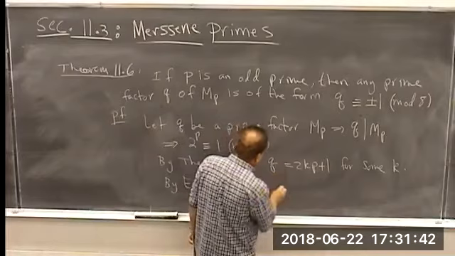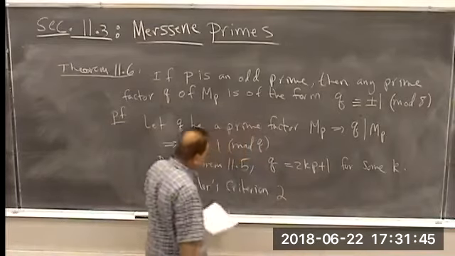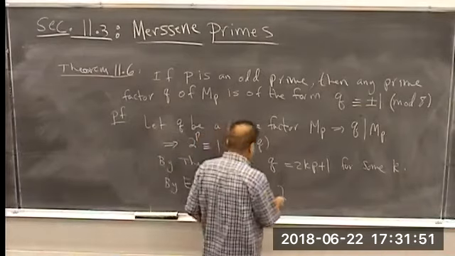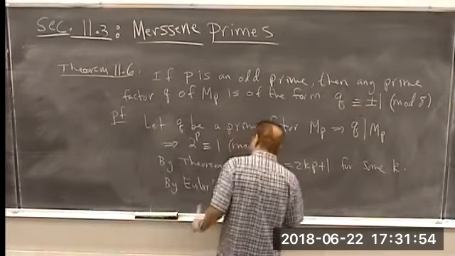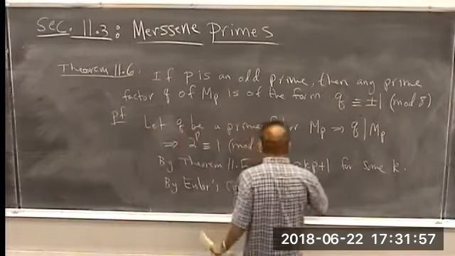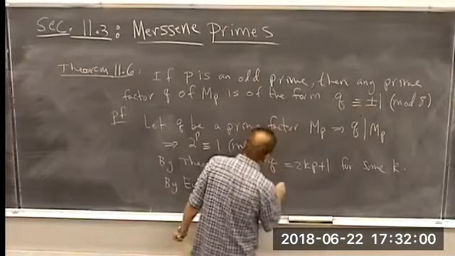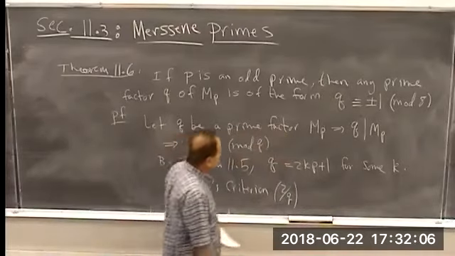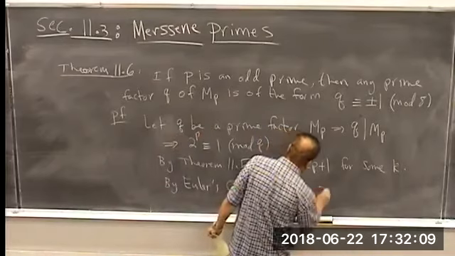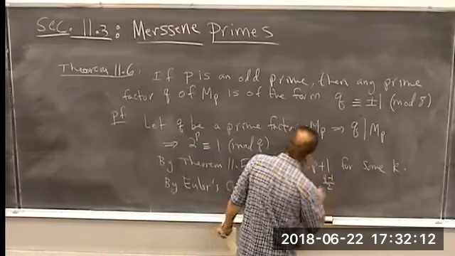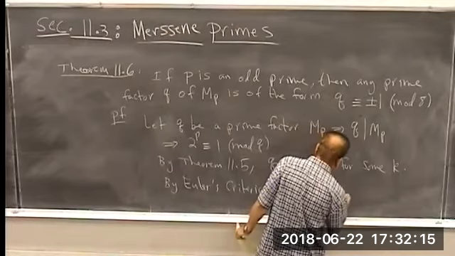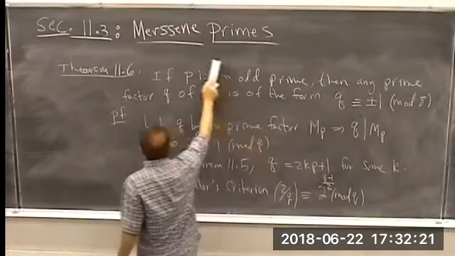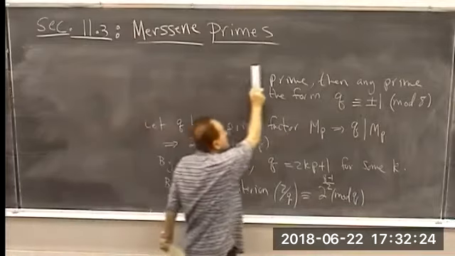Of course, 2 and Q are relatively prime, so let me apply Euler's criterion in the form of the Legendre symbol. So this one is going to be congruent to 2 to the power (Q minus 1) over 2 mod Q. And let's see what that (Q minus 1) over 2 will be.